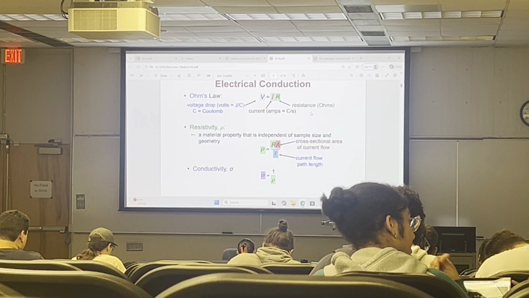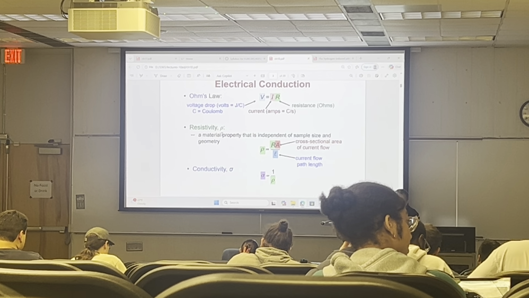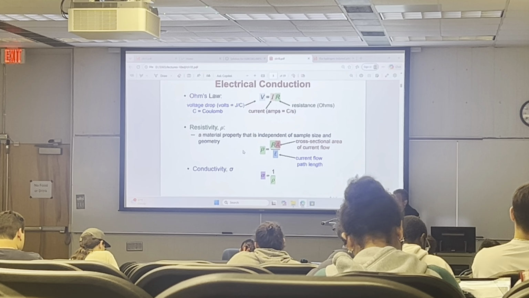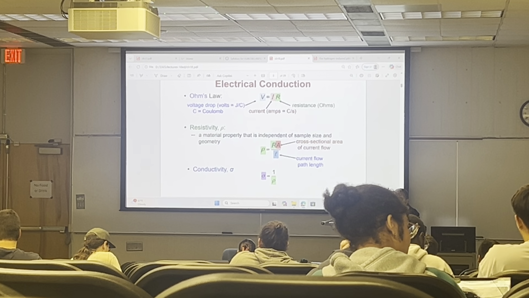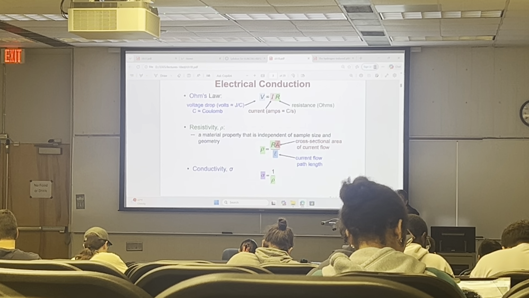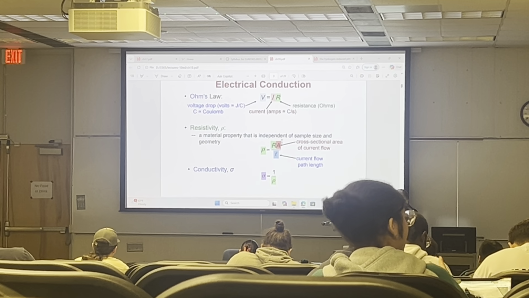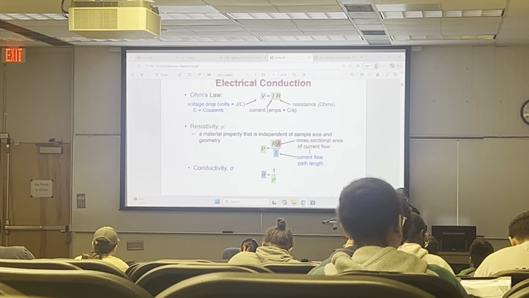And this is the difference between the resistance and resistivity. Different letter, rho. It's a material property that is independent of the sample size and the geometry. So rho is equal to R, the resistance in ohms, times A, which is the cross-sectional area through which the current is flowing, divided by L, which is the current flow path length.